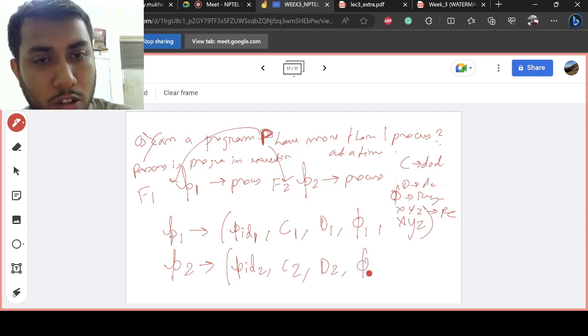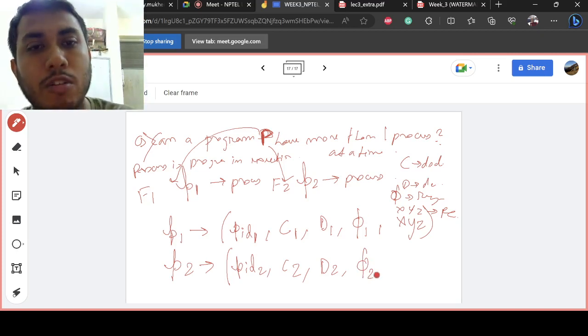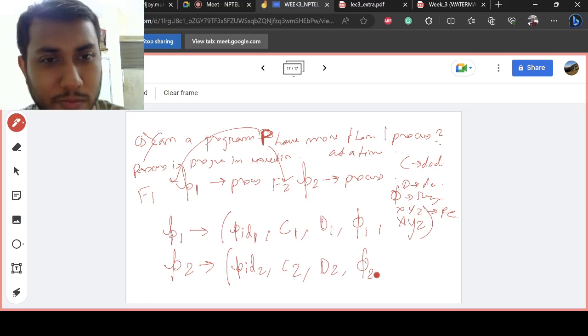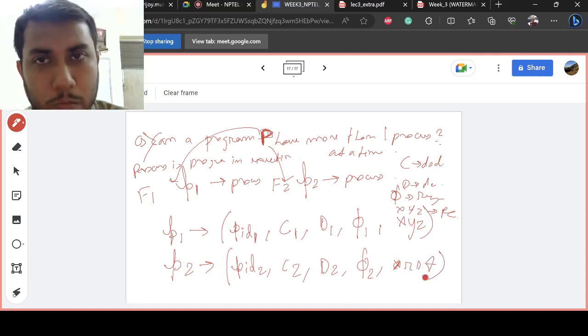Similarly, the registers will also be different because these are the contexts which are required, which are user level contexts. We'll come to what these contexts are. And the program counter will also be different, right?